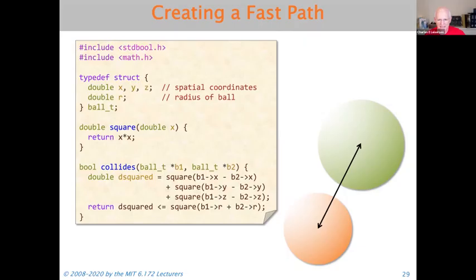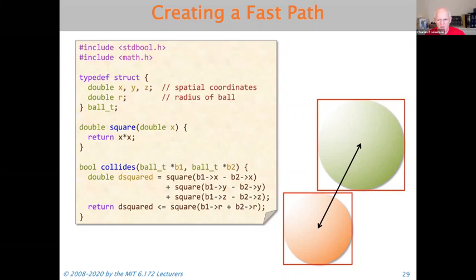And the idea is to do something a lot simpler, which most of the time probably gives you the right answer. And that is to compute a bounding box around the balls and compare those.